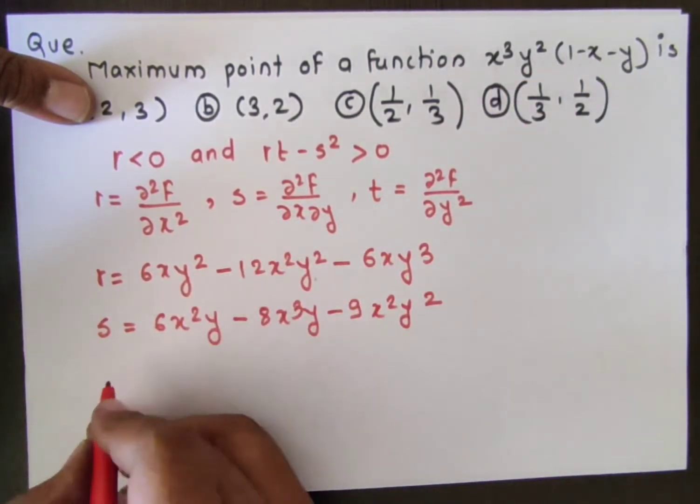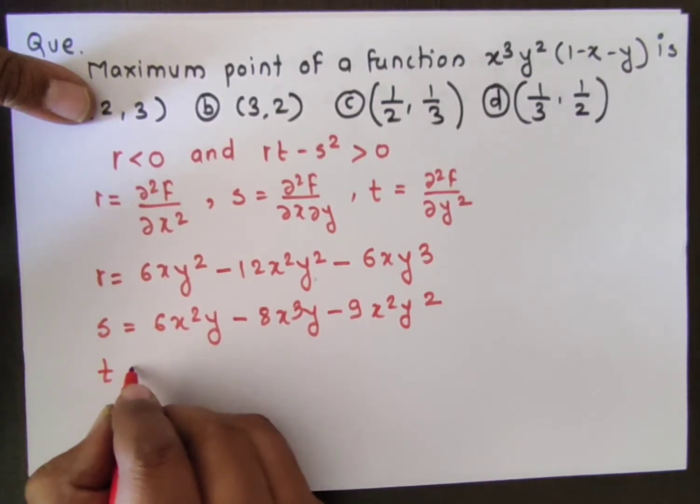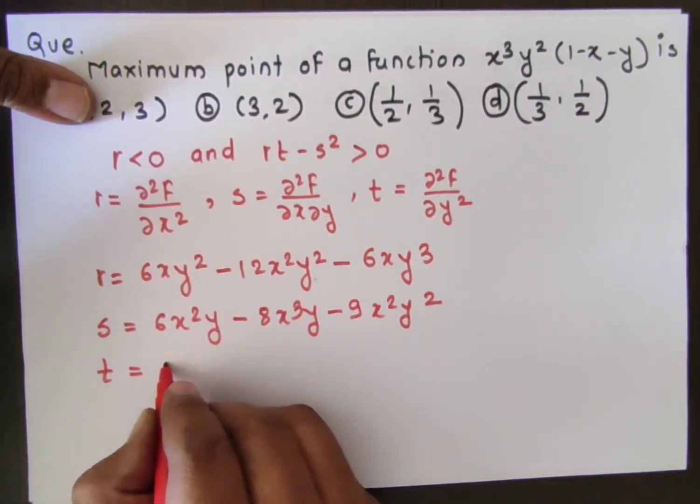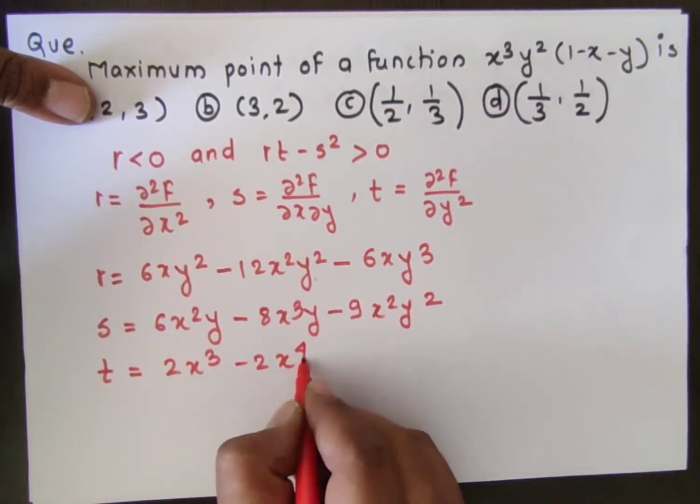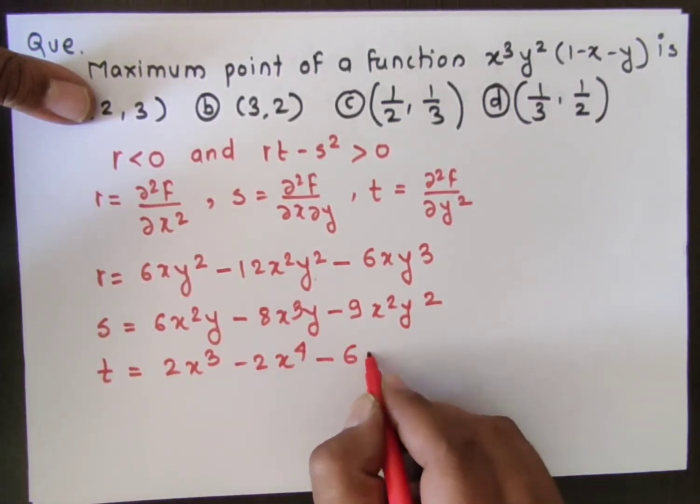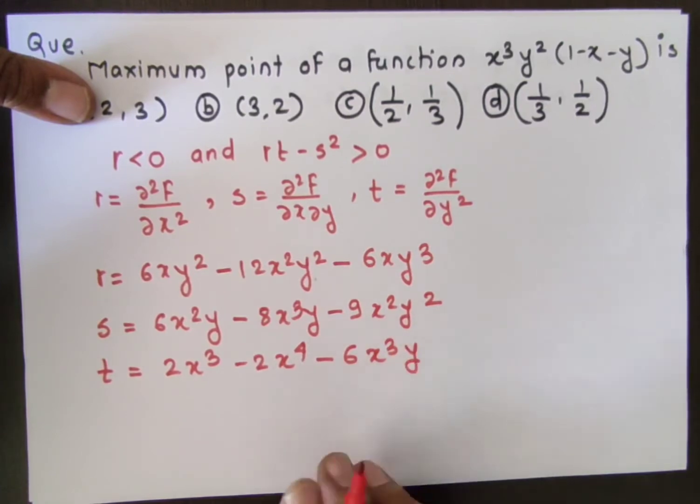And the last is the t value: t is equal to 2x cube minus 2x raised to 4 minus 6x cube y.